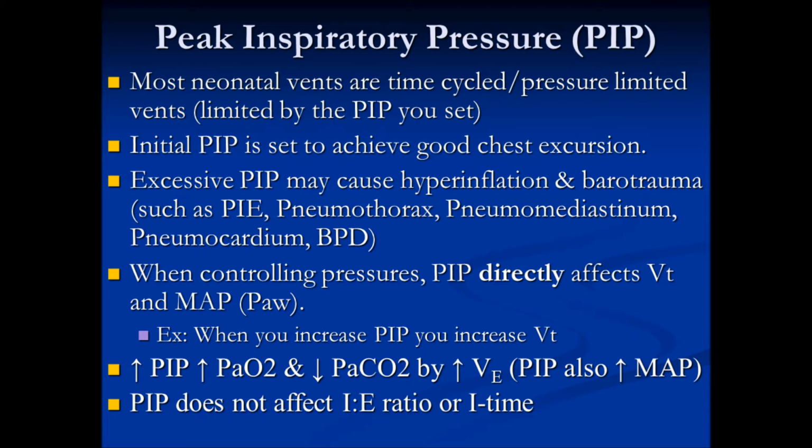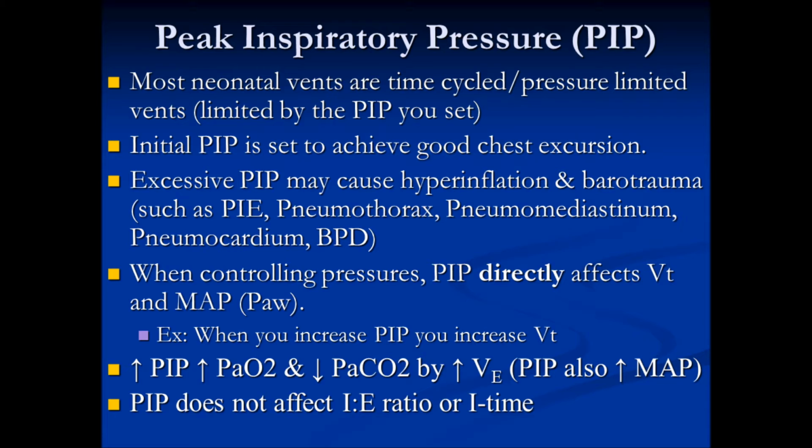And the last little part of that bullet states that PIP also increases MAP, which was really stated in the previous bullet. PIP does not affect your IE ratio or your I time. That is extremely important for you to remember. It does not affect the IE ratio, and it does not affect your I time. Okay?